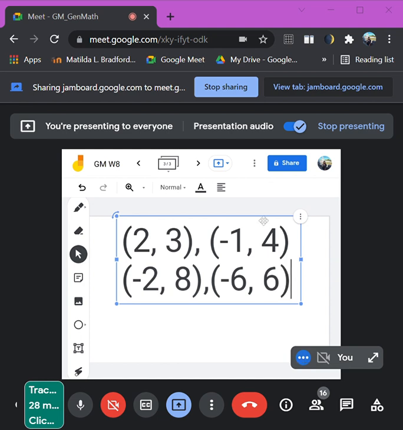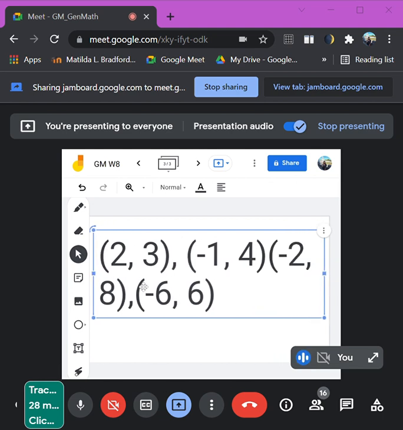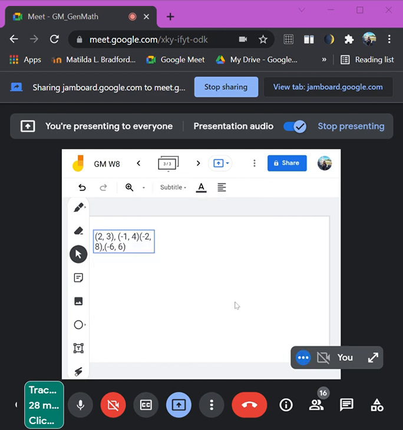Okay. So look at this given nga pair, ang iyahang domain o range, or x or y. I-pair ang domain o range: 2, 3, negative 1, 4, negative 2, 8, negative 6, 6. Is this one-to-one or not?